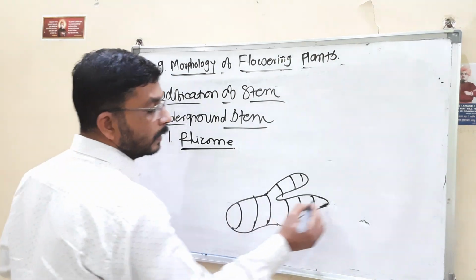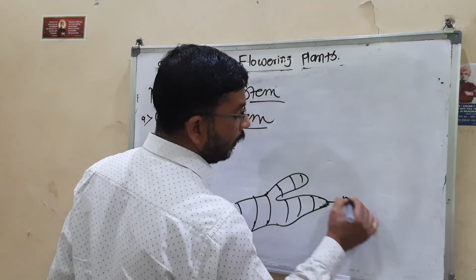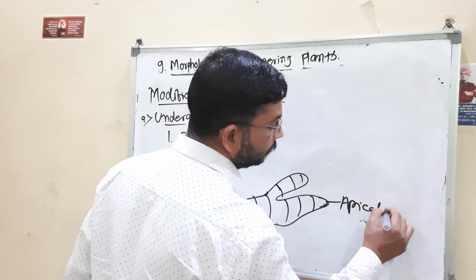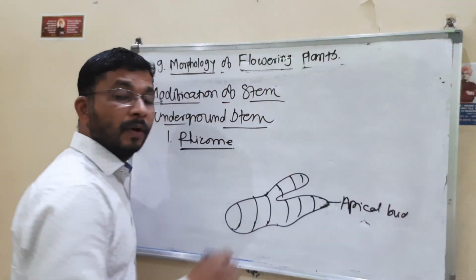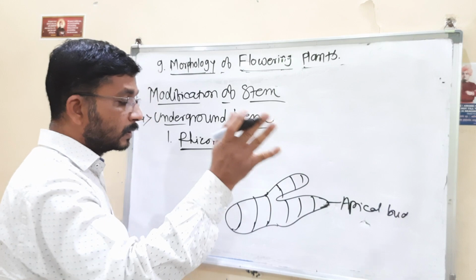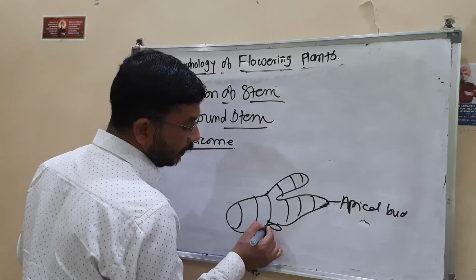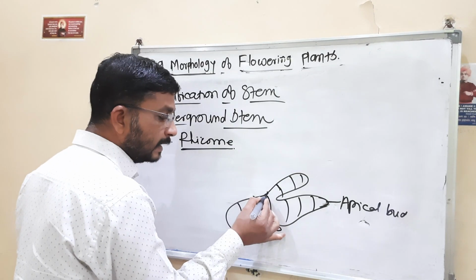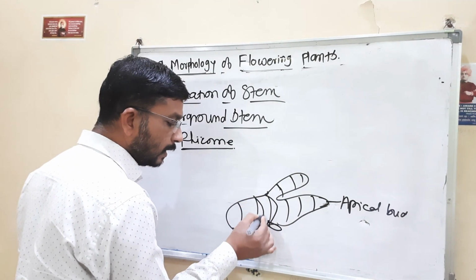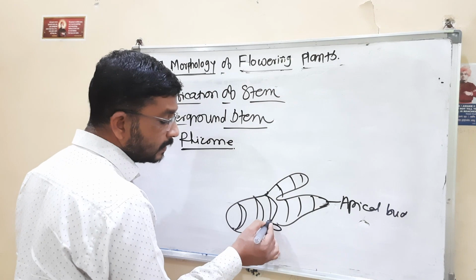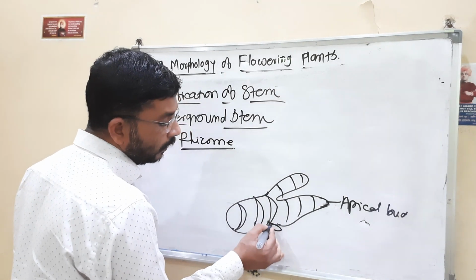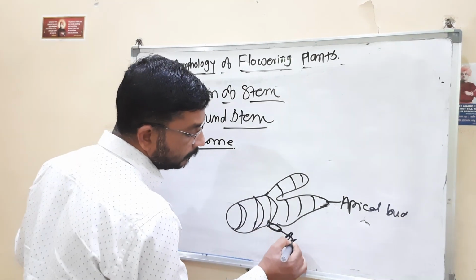What do we find here? The apical bud, and then the axillary bud. Here we find the axillary bud because these are scaly leaves. In the axil of the scaly leaves and this stem, we find the axillary bud.